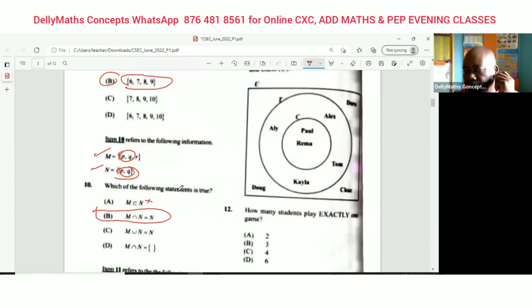Remember, we have to be careful, because one-sport persons are out here, out here, out here. If you go inside here, those are two sports, because they will be in C as well as T. So we're talking about that, that, that, that. So 4 students play one.